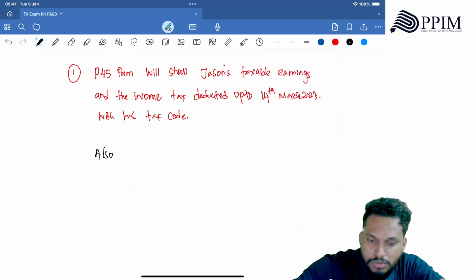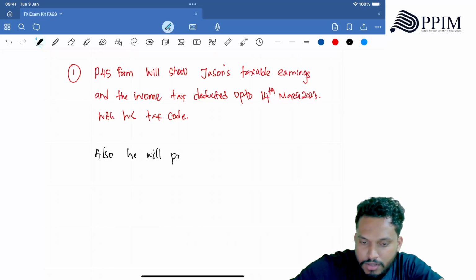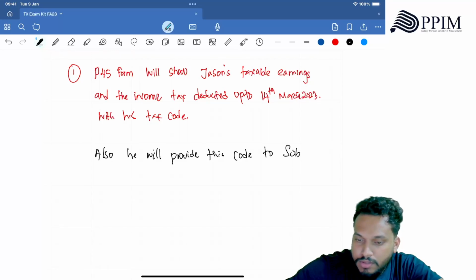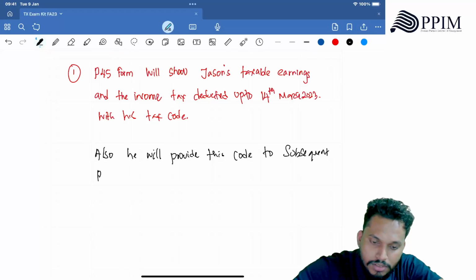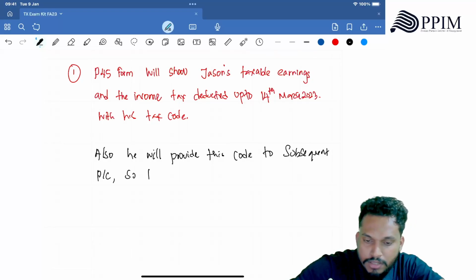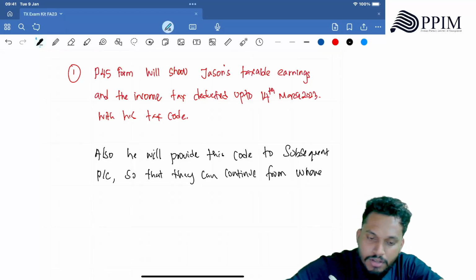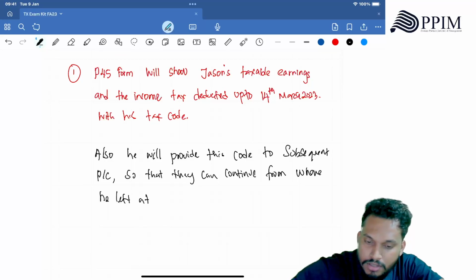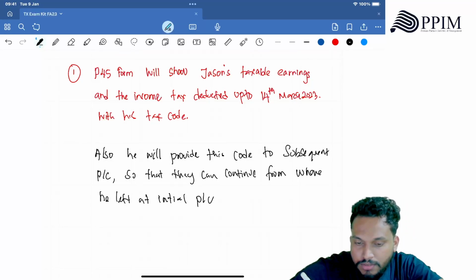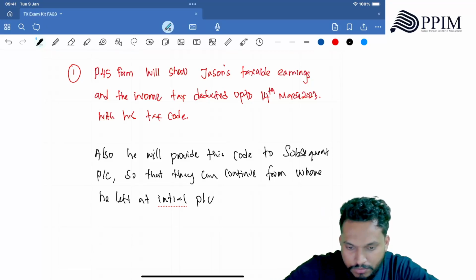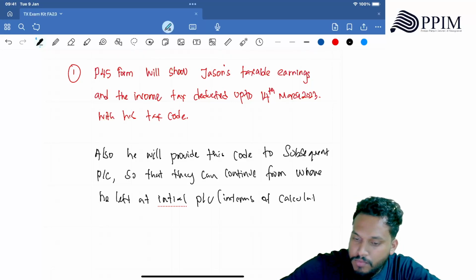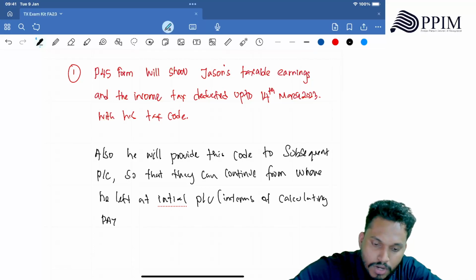Then you can also say he will provide this code to the subsequent PLC so that they can continue from where he left off at the initial PLC, in terms of calculating PAYE. That's all.